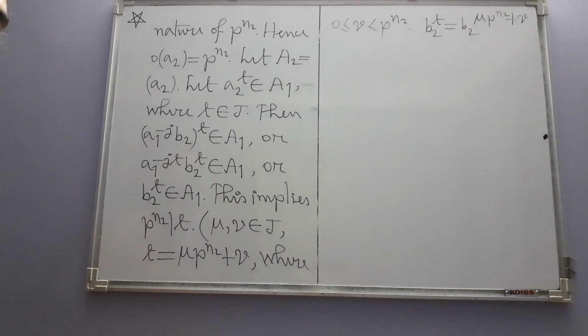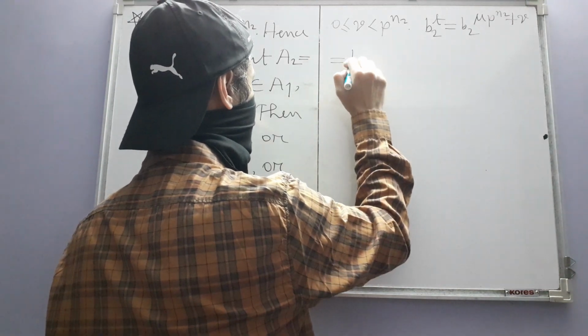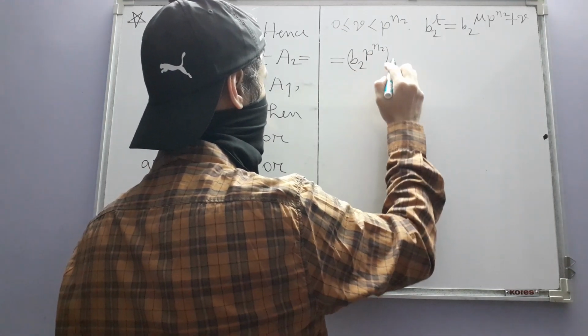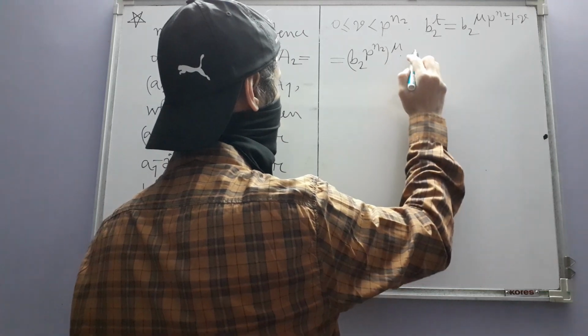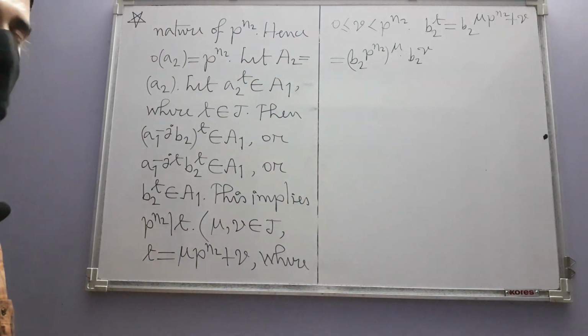Now using the rules of exponent, you can write this as b2 to the power p to the power n2 whole to the power mu times b2 to the power nu.